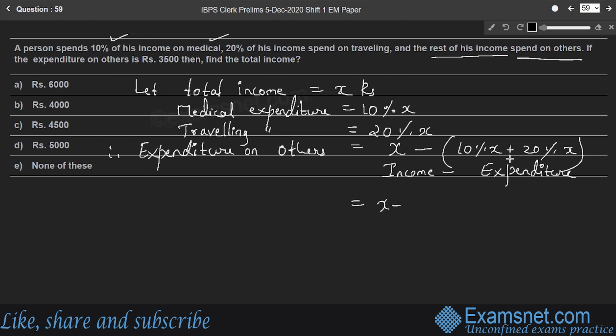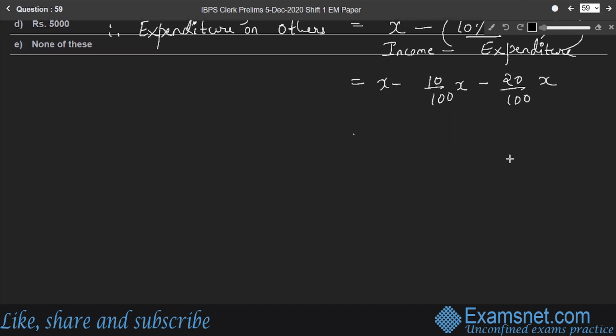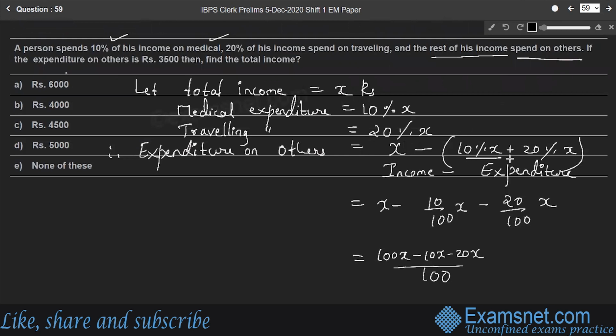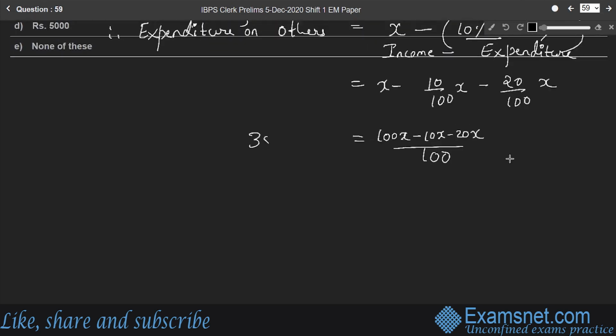Which is equal to x minus 10% of x, which is 10 by 100 into x. So minus of plus is minus 20 by 100 into x. Solve it. Here 100 is the LCM. So 100x minus 10x minus 20x is equal to... It is given that expenditure on others is 3,500 rupees.